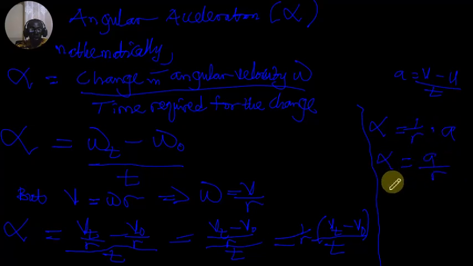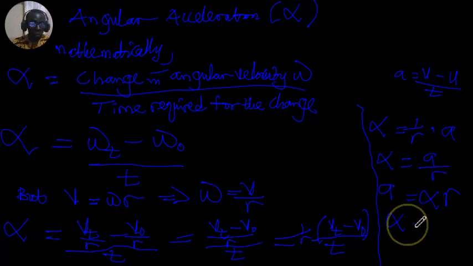That means linear acceleration is angular acceleration multiplied by the radius or amplitude, and that is also another expression for angular acceleration. So the angular acceleration here is alpha. If you are asked to calculate angular acceleration, just make angular acceleration the subject of formula, which is a over r. Let's proceed.